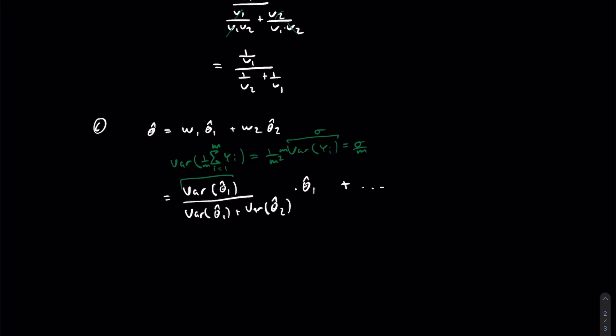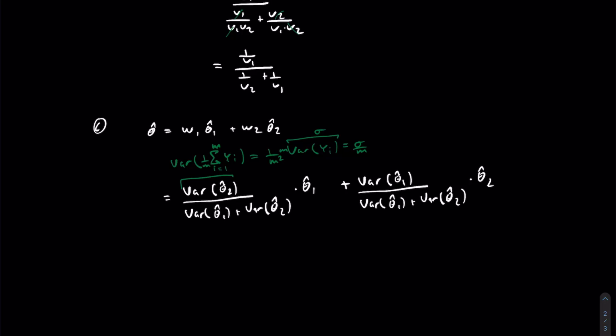Okay, and it will be the same thing on the other side here. So I'm just going to copy this like so, but actually, this should be variance of 2, this should be variance of 1, it should be 2, like so.